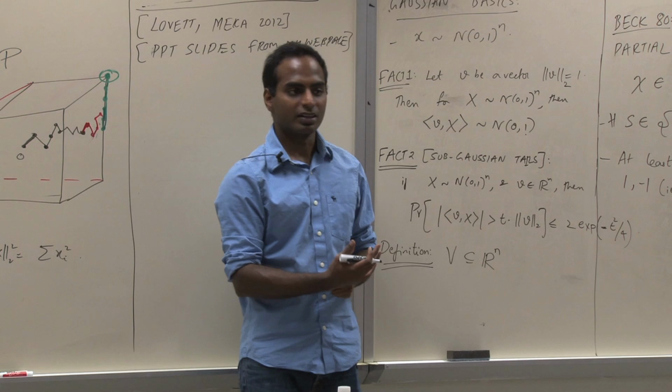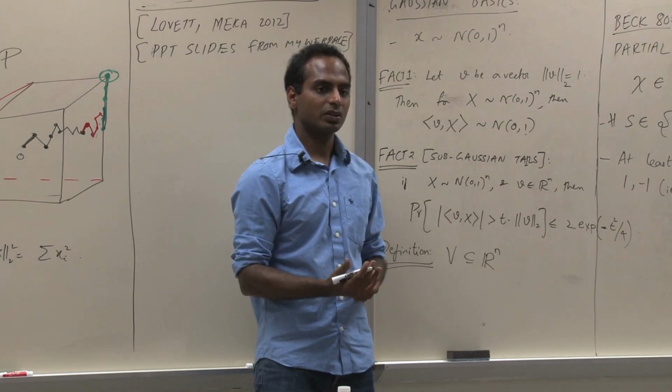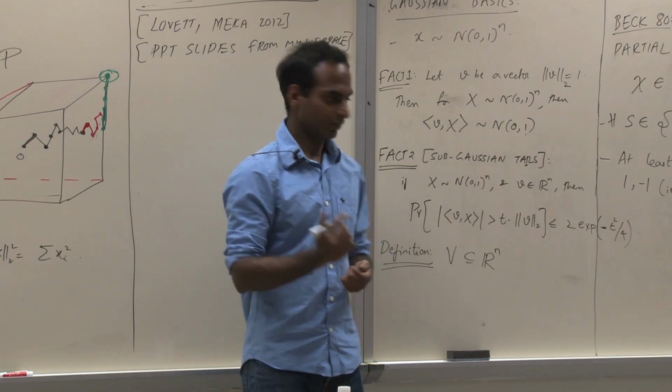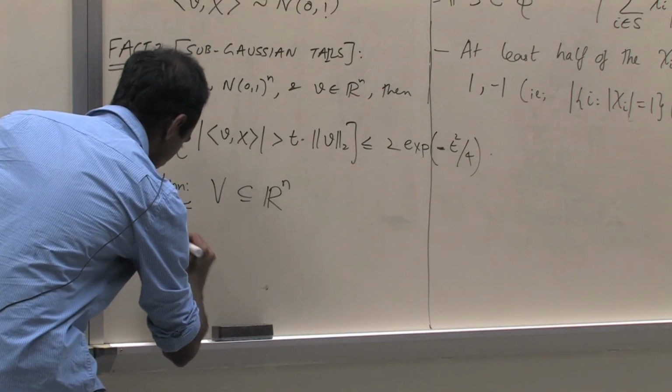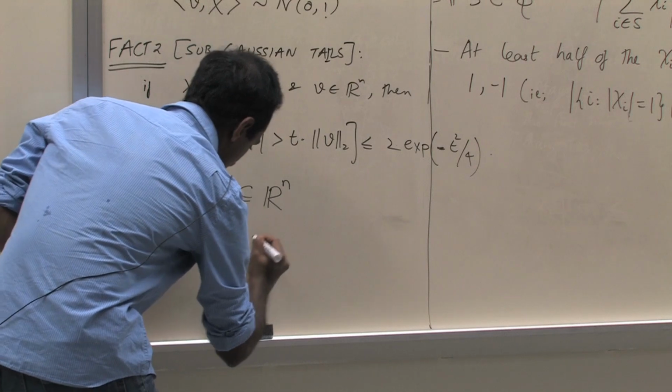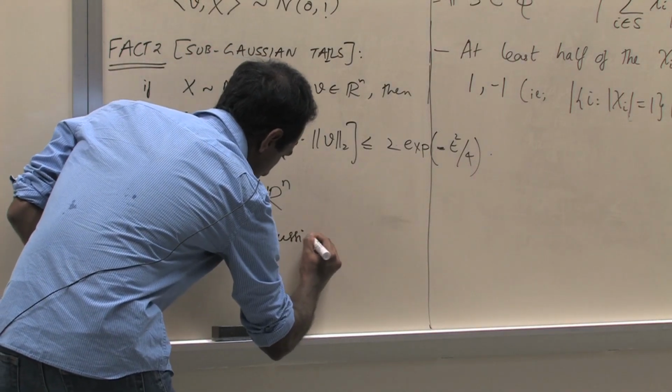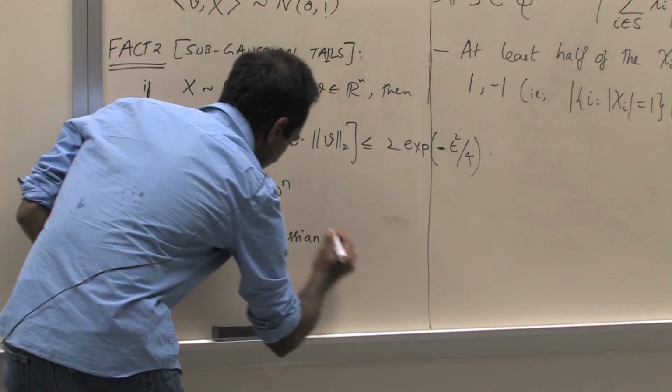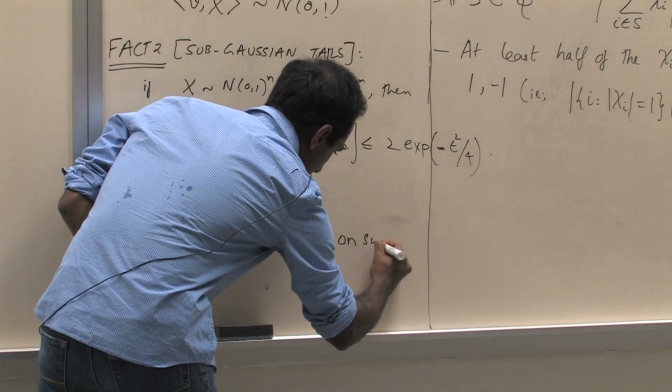Then there's also a notion of Gaussian distribution within the subspace. So N(V) is the standard Gaussian distribution on subspace V.